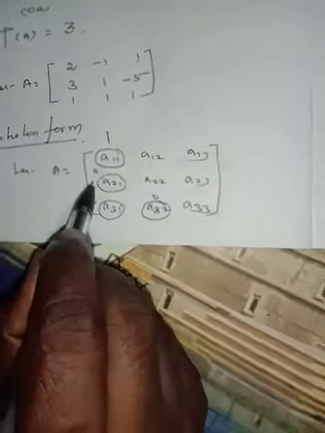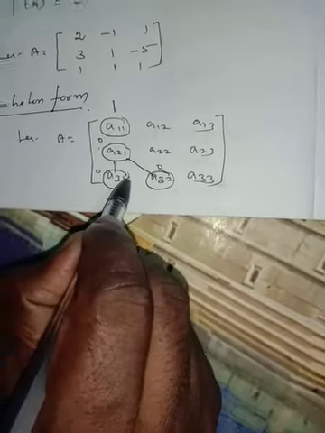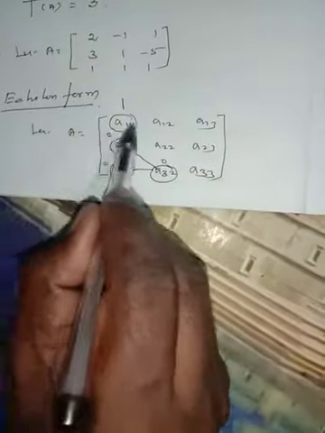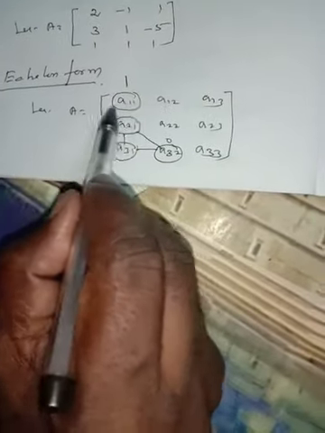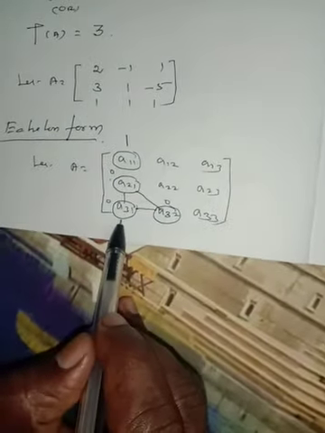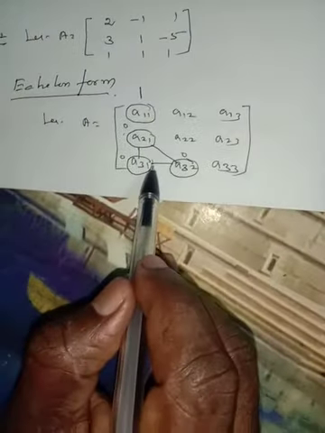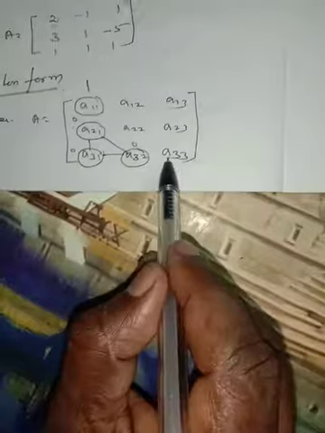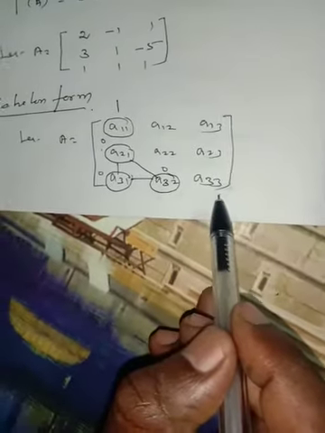Very important thing is A11 must be 1. You have to change row wise or column wise. A11 will be 1, and A21, A31, A32 will be 0. And then the third point, A33 is not equal to 0. You have to eliminate A33 into 0. Then rank will be 2.